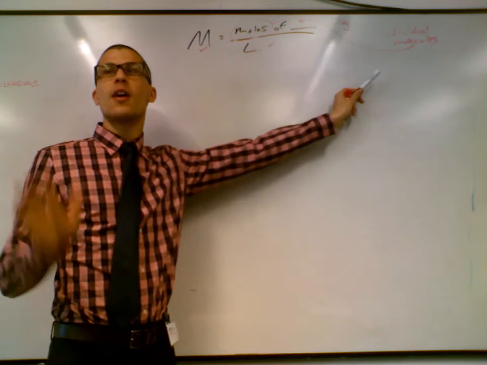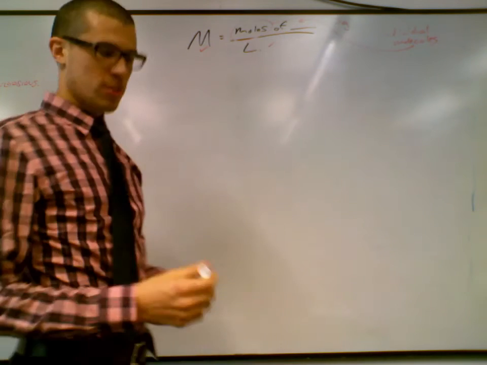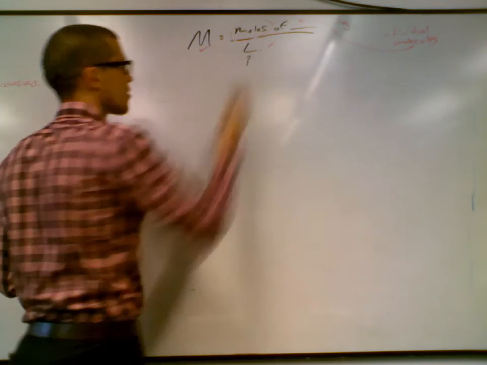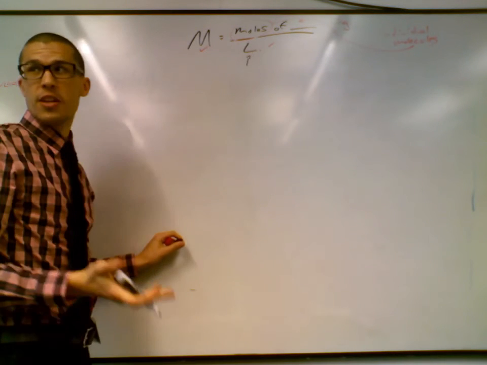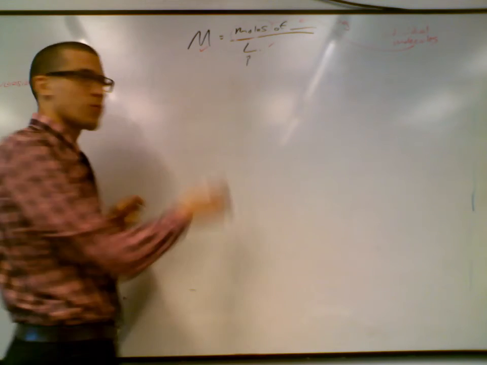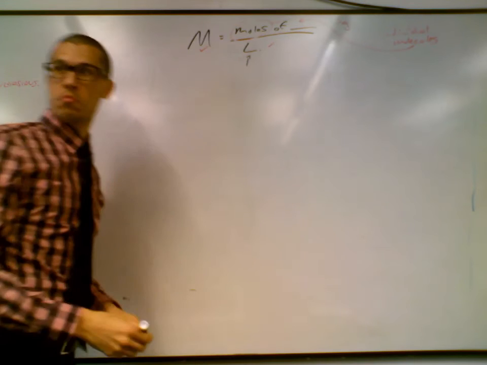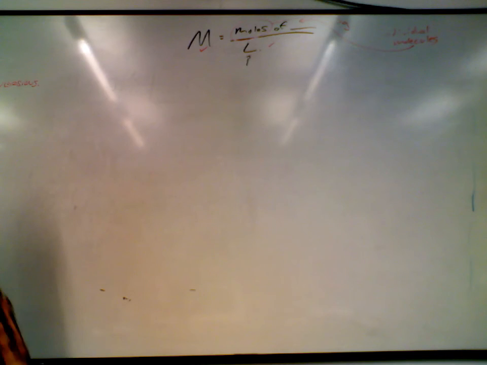Another type of question I can ask you, which is a little bit easier, is I can give you liters in a different unit, like milliliters. So you have to convert the liters into milliliters, or vice versa. Will you give us the conversion for that?